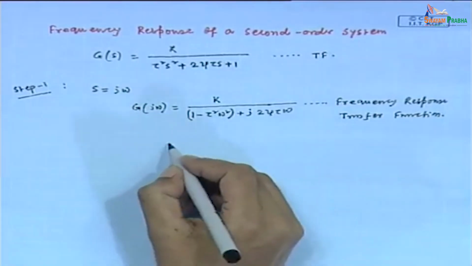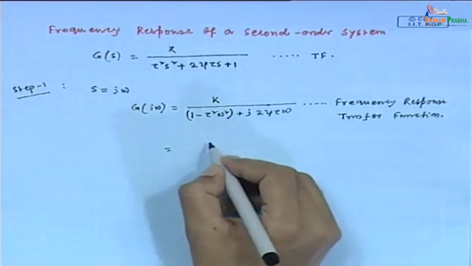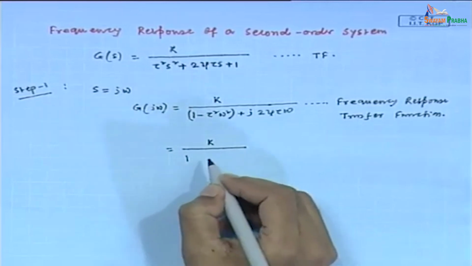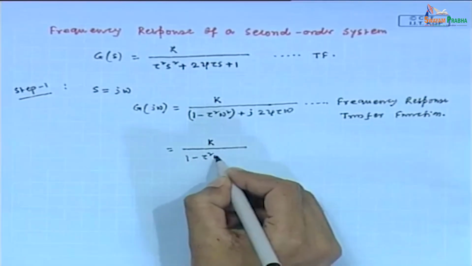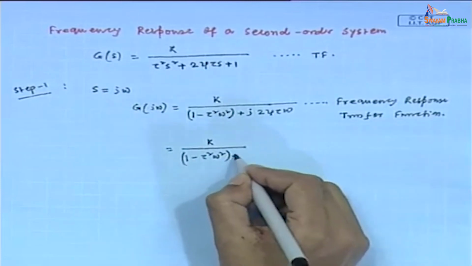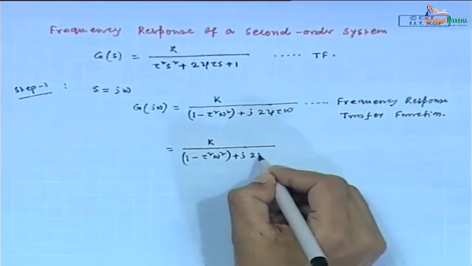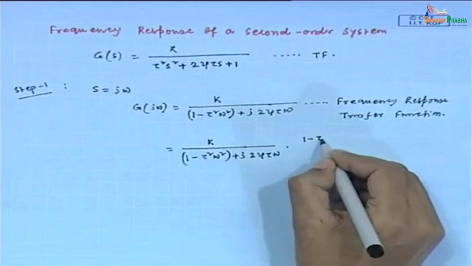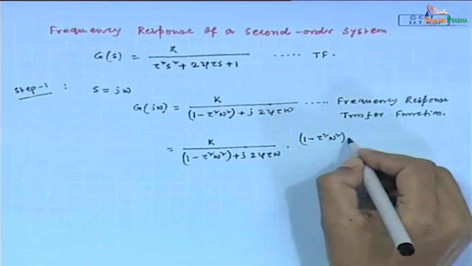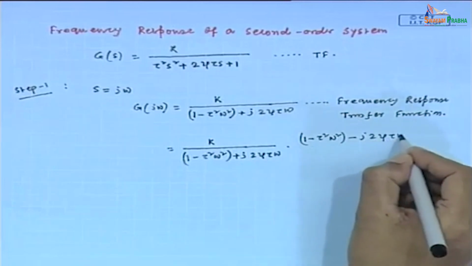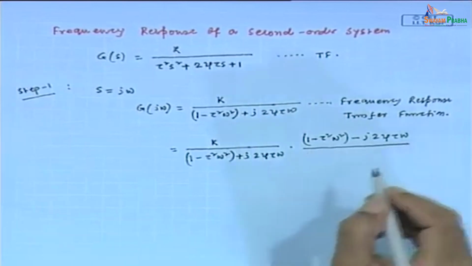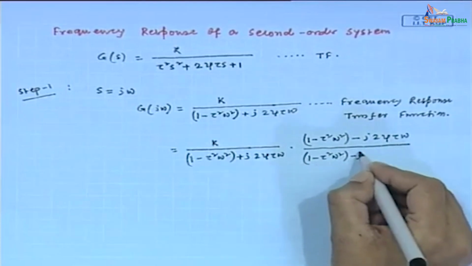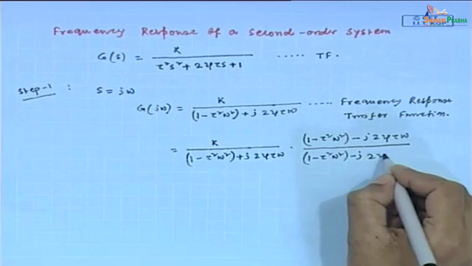Now, in the next step we write the frequency response transfer function as k divided by 1 minus tau square omega square plus j 2 zeta tau omega, multiplied by 1 minus tau square omega square minus j 2 zeta tau omega, divided by 1 minus tau square omega square minus j 2 zeta tau omega.